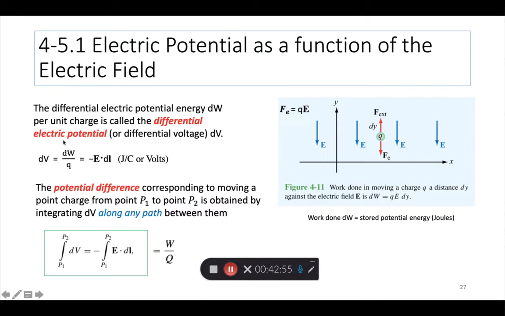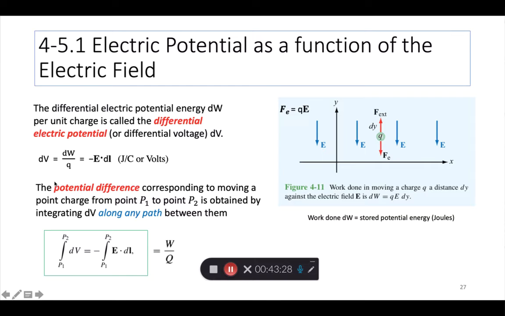Okay, so here is a definition of voltage in terms of energy or work. Differential electric potential is what we always start by defining, a differential, right? You take a small movement. So if a charge is in a field and is being moved between 2 points, we know you have to put some force on it, or it experiences force. So when you have force, you have work being done, right?